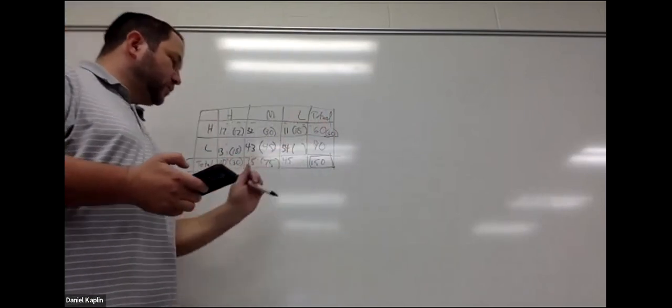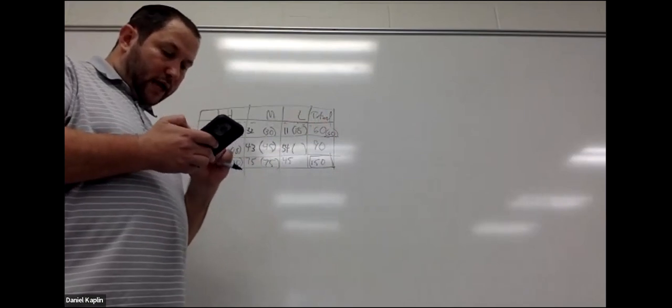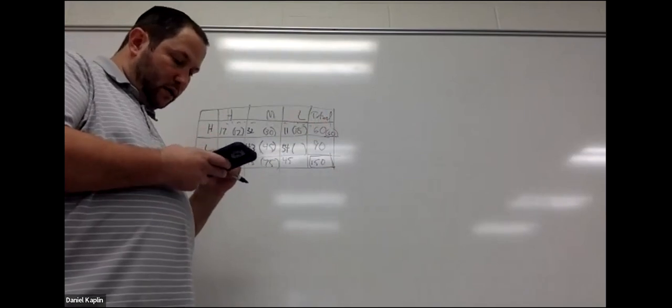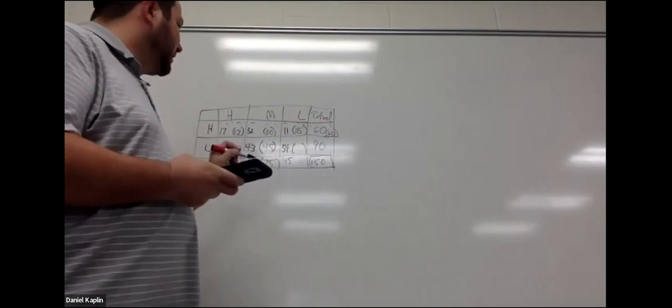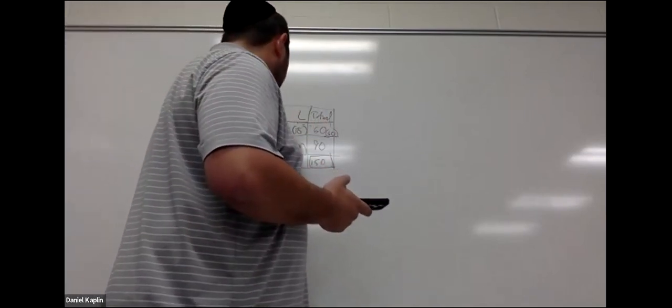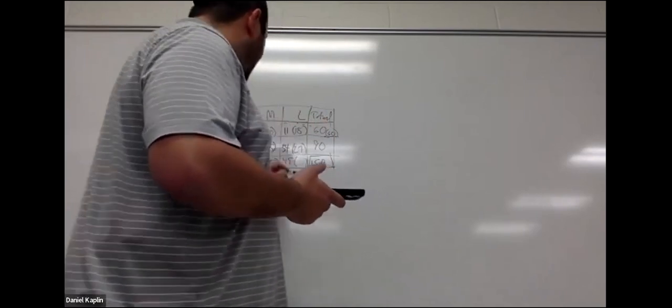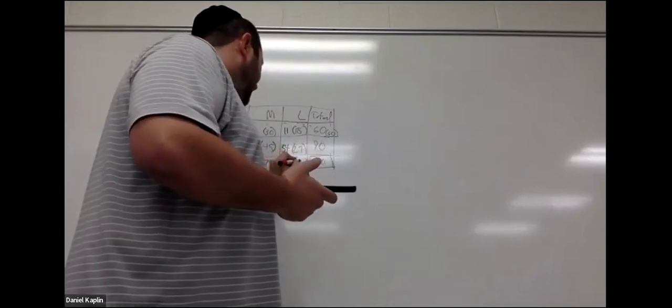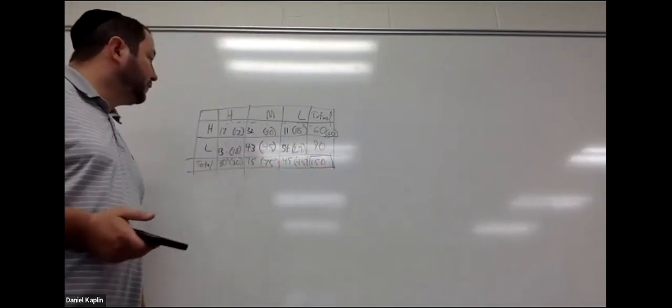So we're going to do the last one, 90 times 45, right? Divided by 150, that's going to give us 27. Now we want to add down to see if that matches 27 plus 18. Yes, it does. That gives us an expected frequency of 45.